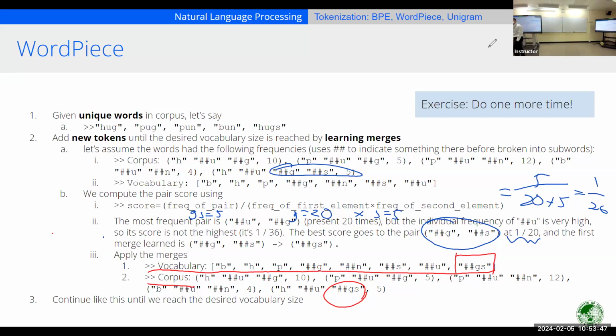There's a tie? You think? UG, UG and UN. 1 by 36. Okay. Let's wait. Maybe some other people have 1 over 30. Maybe.